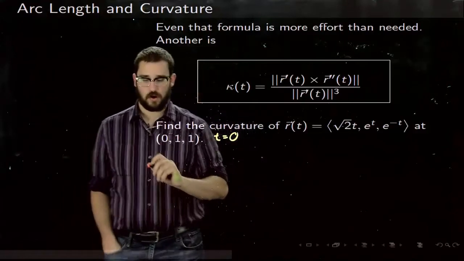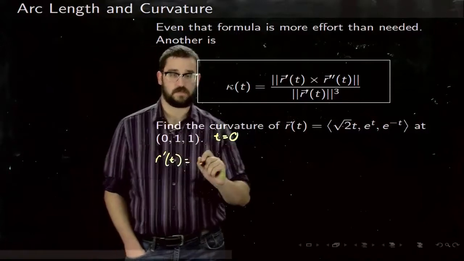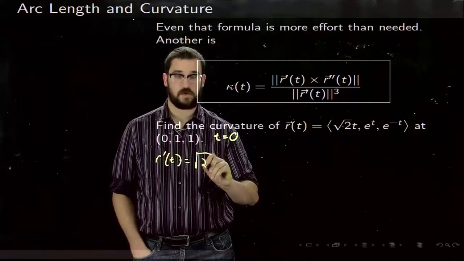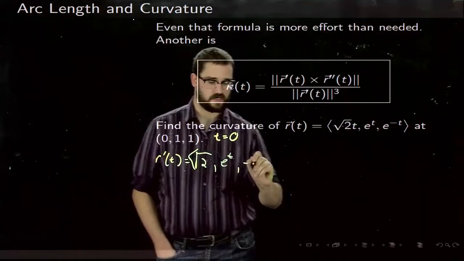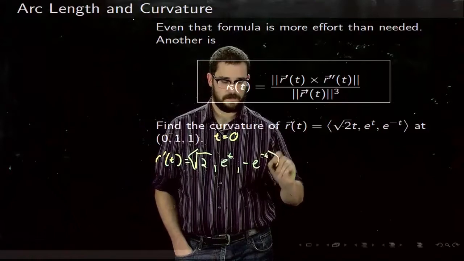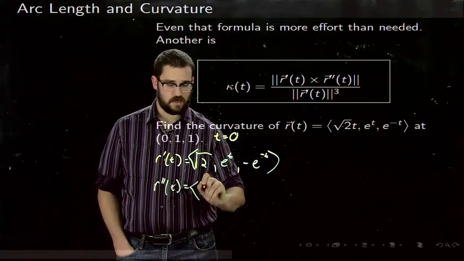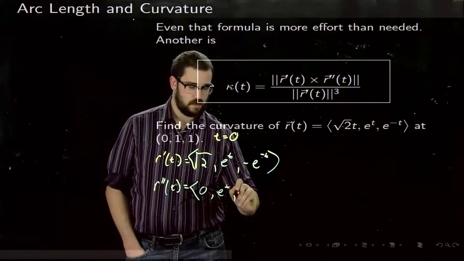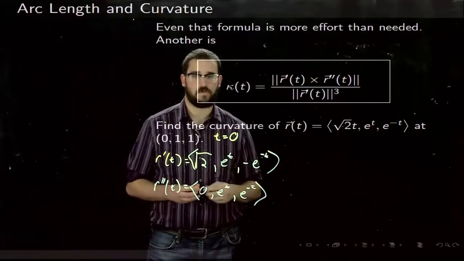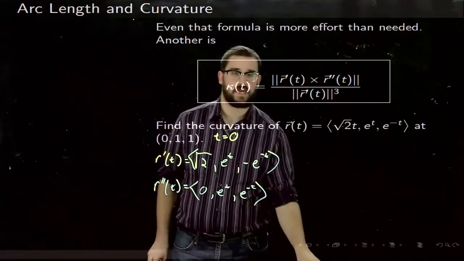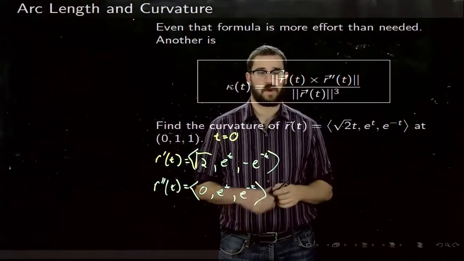Now, what is r prime of t? R prime of t is just going to be square root of 2, e to the t, minus e to the minus t. And r double prime of t is just going to be 0, e to the t, e to the minus t. Pretty simple so far. So now we need to calculate what r prime cross r double prime is.